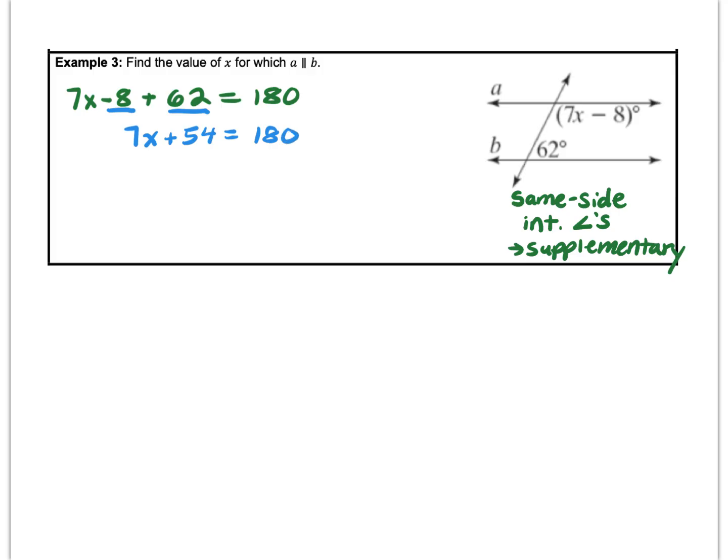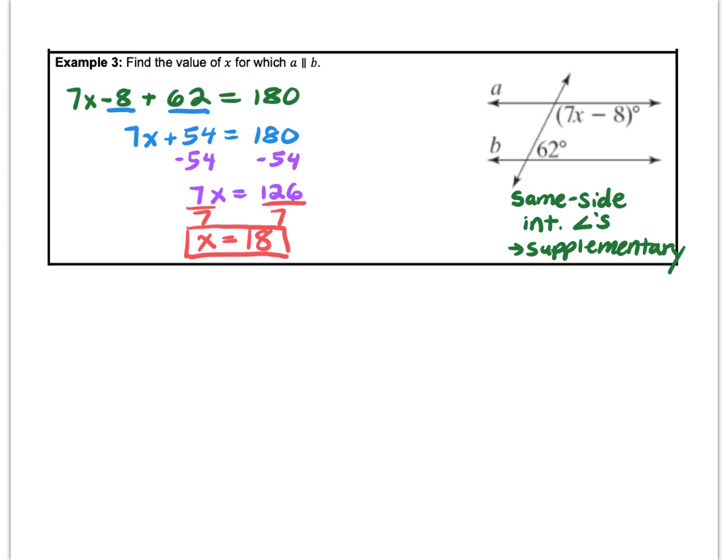Now let's subtract 54 on each side to get the 7x alone. That gives us 7x equals 126. And now we can divide by 7. And when we put that in the calculator, it is exactly 18. So the value of x for which A is parallel to B is equal to 18.